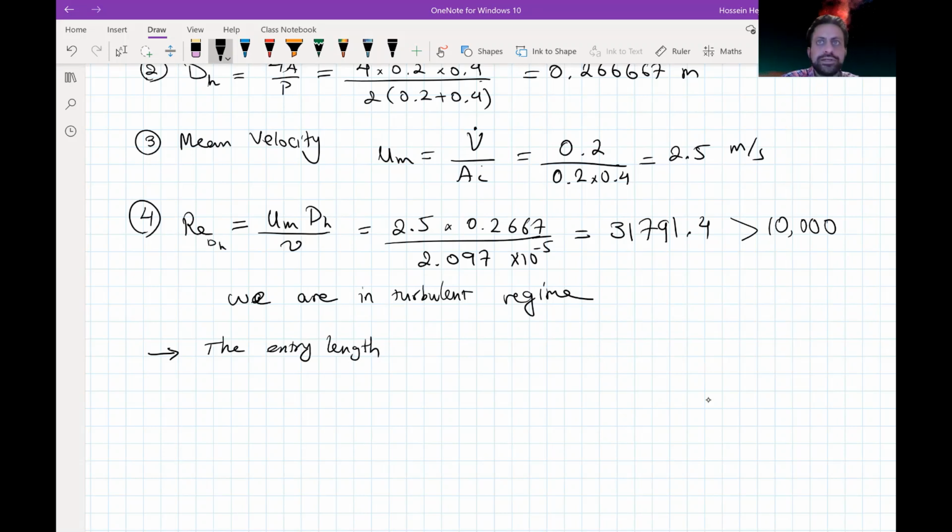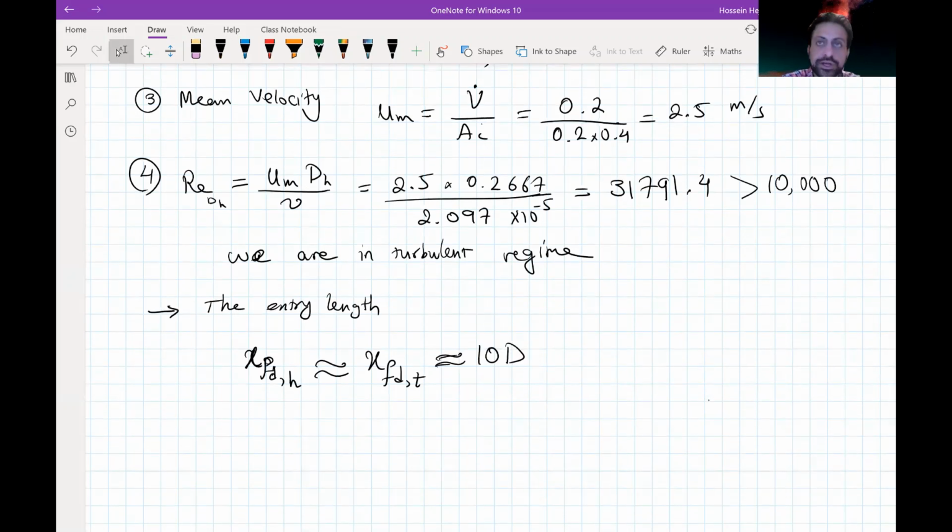For the turbulent regime, the hydrodynamic and thermal entry lengths are almost the same, roughly equal to 10 times the diameter.